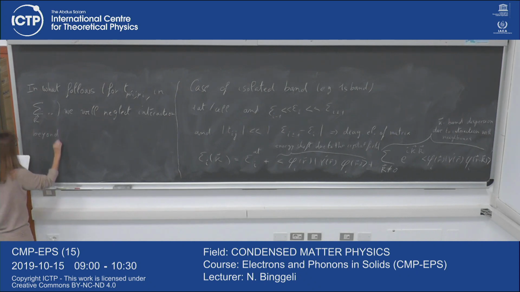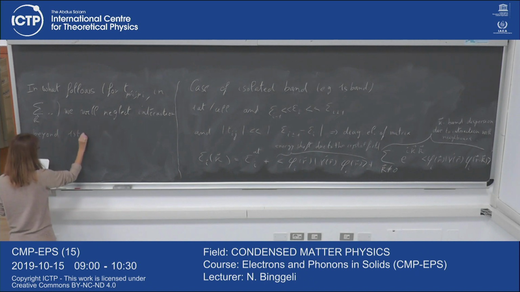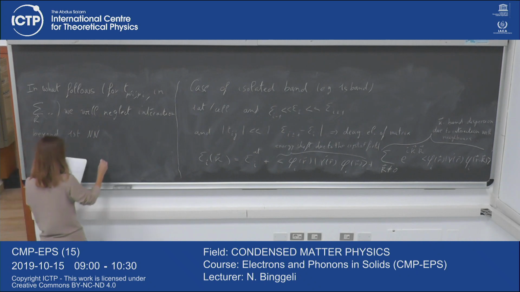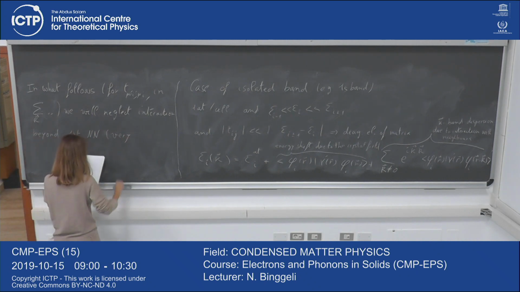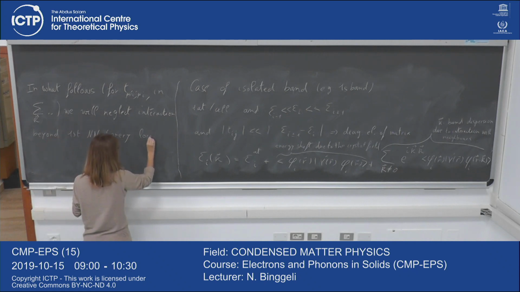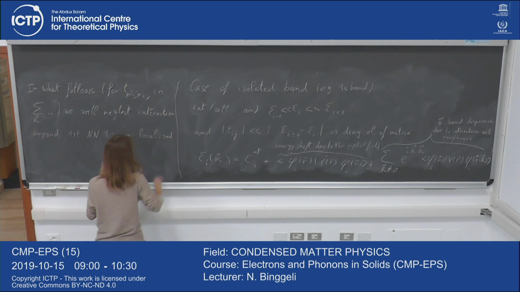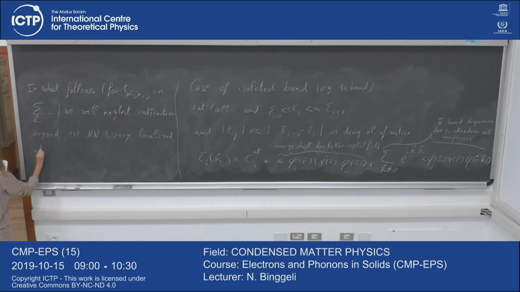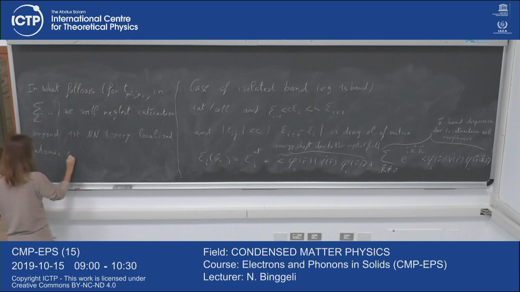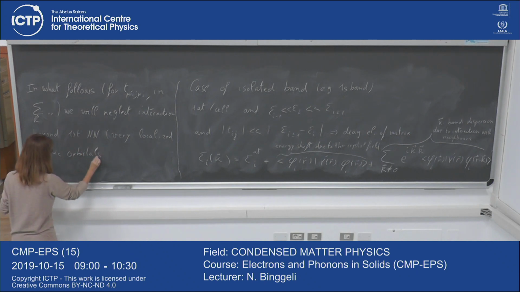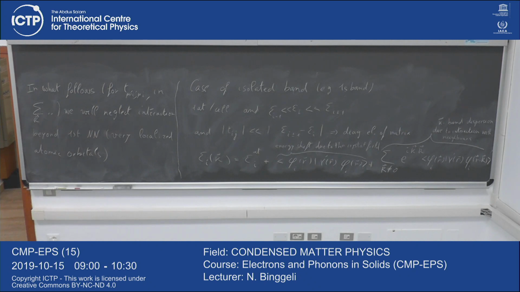So we will neglect the interaction beyond the first nearest neighbor. This corresponds to the approximation that we have very localized atomic states. Okay, so this is what we will use as approximation for the hopping terms.